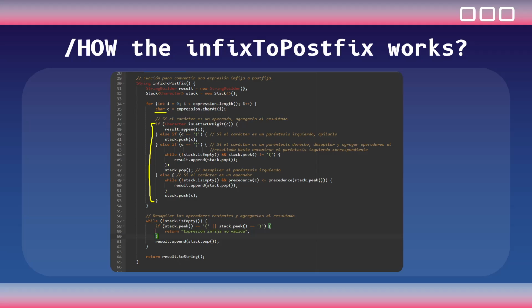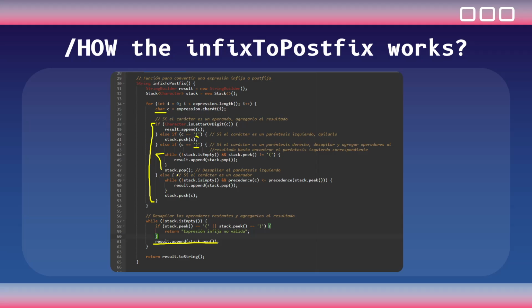That's the functional structure of this if. Now, if the parenthesis is the closing parenthesis, we'll use a while to evaluate all the stack, from the initial parenthesis to the last parenthesis. And we'll put the numbers and the characters into the result. Okay, so that's the functionality here. And at last we stack pop.